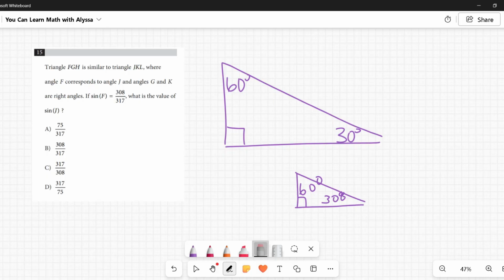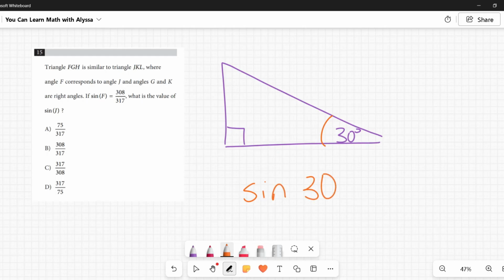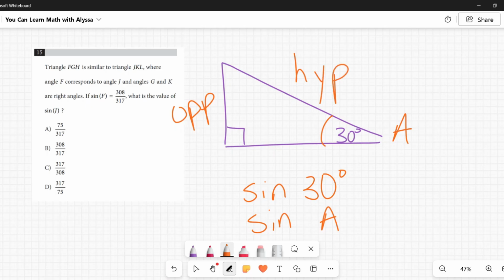Okay, so here are what the different proportions are. If I want to know what the sine of this angle is, like in this case, the sine of 30 degrees, the sine of angle A, it's going to be the length of this opposite side divided by the hypotenuse.